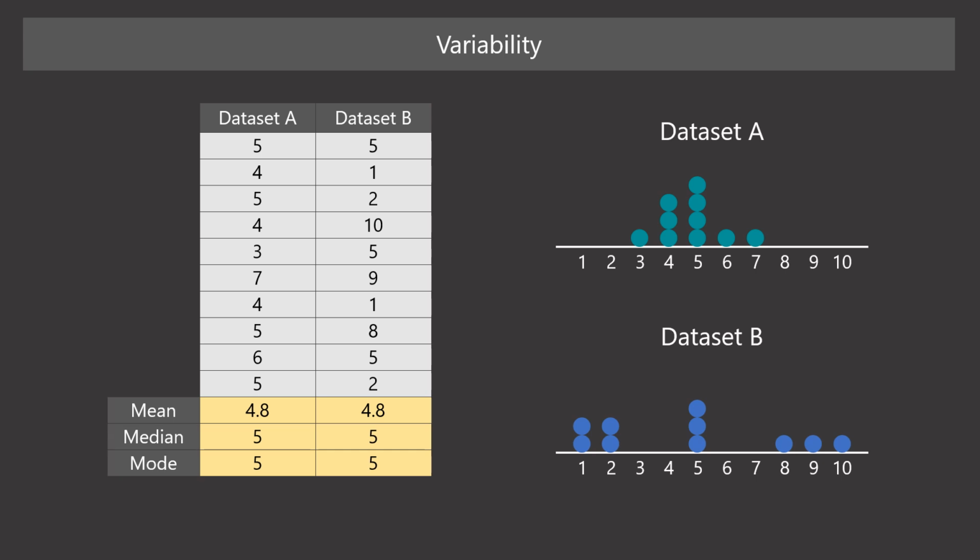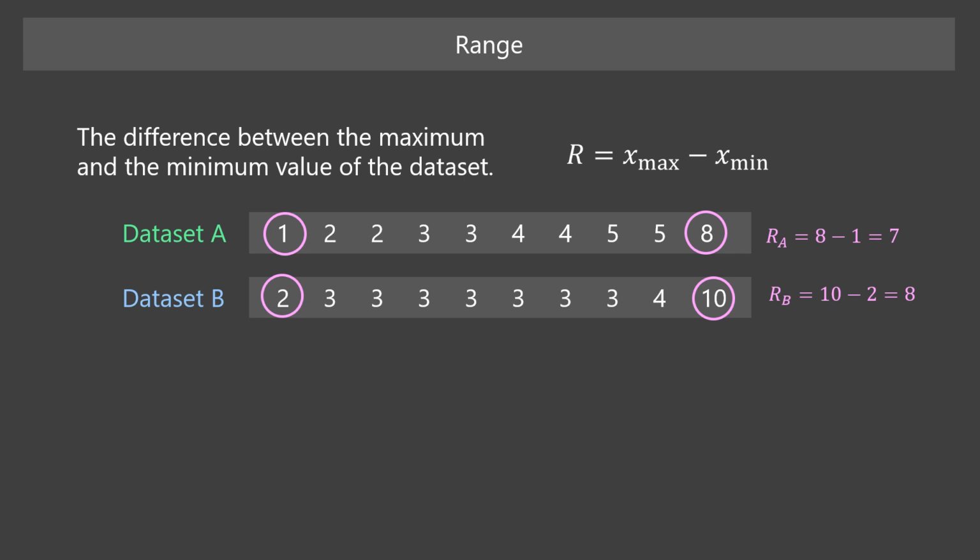There are some metrics to describe the data variability quantitatively. The range is defined as the difference between the maximum value and the minimum value of the dataset. So, we can compute the range by subtracting the minimum value from the maximum value. Let's look at these datasets.